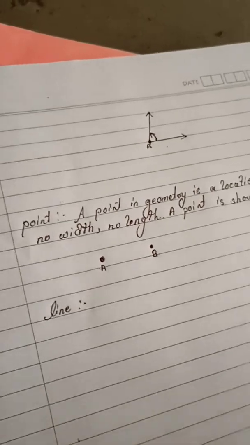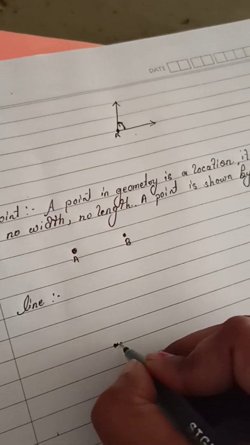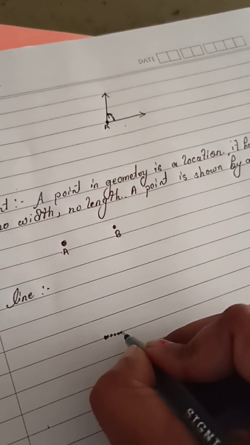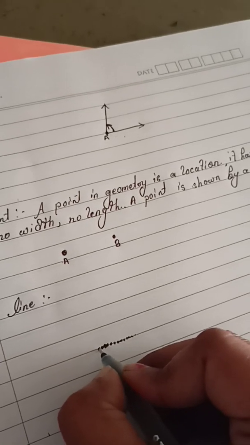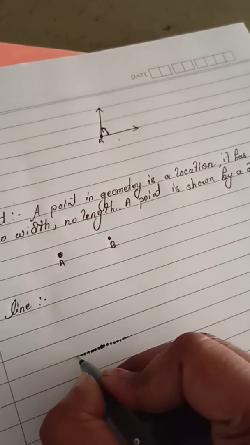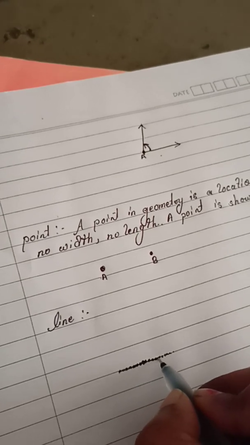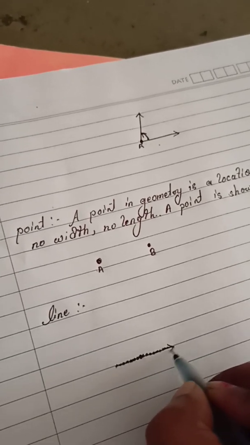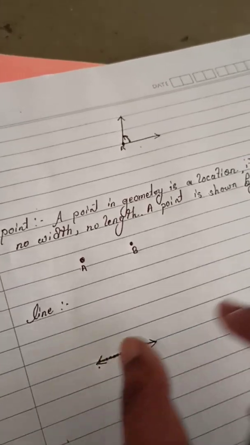If you have a dot here, it is a point. If you add some more dots closely, in both directions, you will see that these will become a line. From both sides you can increase this.